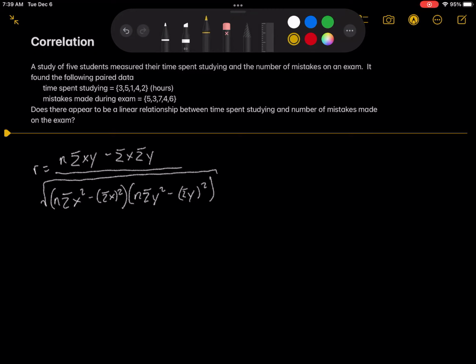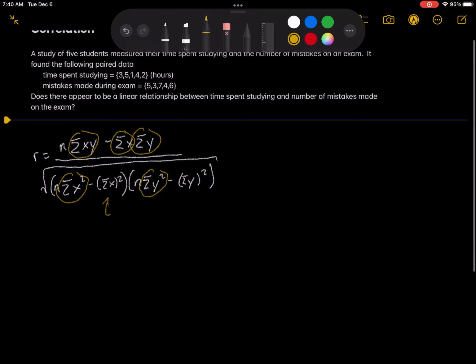So I look at this equation, and if I want to find this, I need the sum of xy's, the sum of x's, the sum of y's, the sum of x squareds, and the sum of y squareds, right? I already have this one because that's just this guy squared.